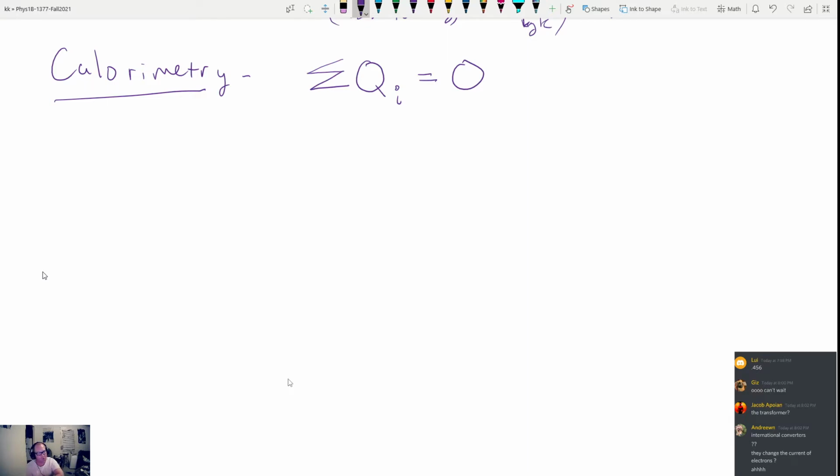So heat's going to flow from one object to another object, and when I add up all of the heat transfers that occur inside of a closed system, the sum should be zero. A closed system is basically a system that is not allowed to exchange heat with its environment, which again is a pretty ridiculous assumption, but this can be actually reconstructed in a lab pretty easily.